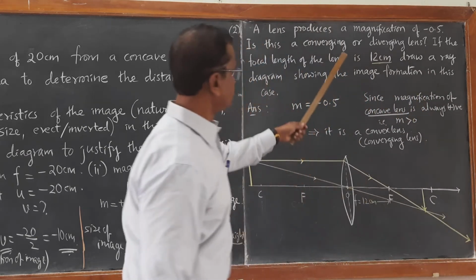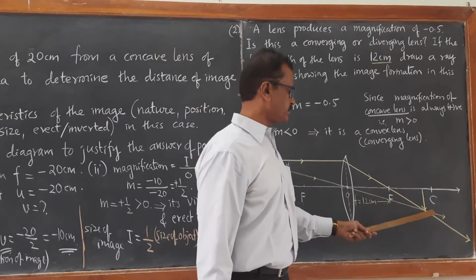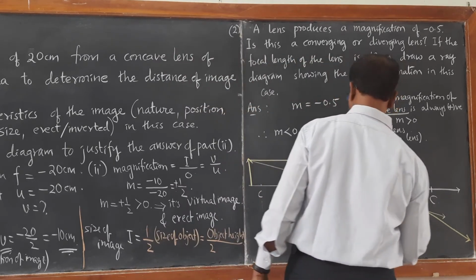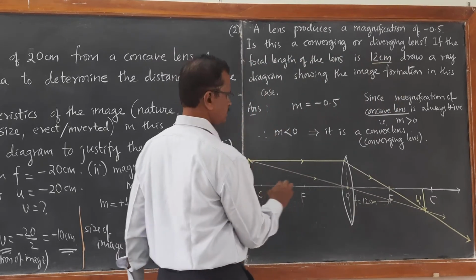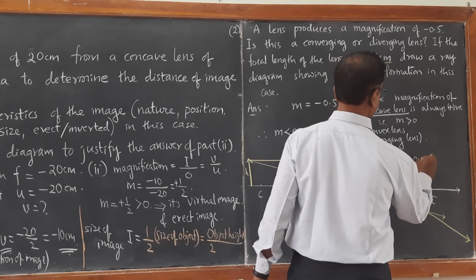This is how we get inverted image, and magnification should be minus 0.5, means size of the image, if it is h dash, and size of the object if it is h, then h dash by h is equal to minus 0.5.